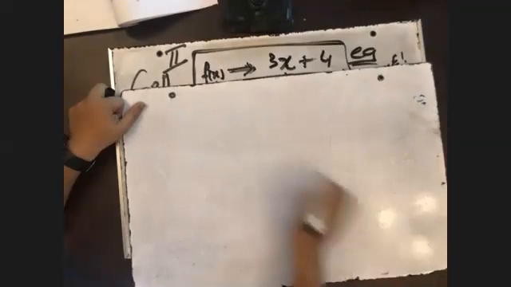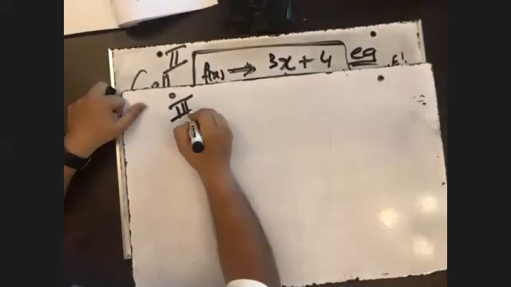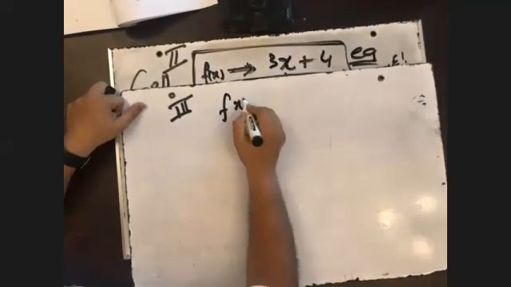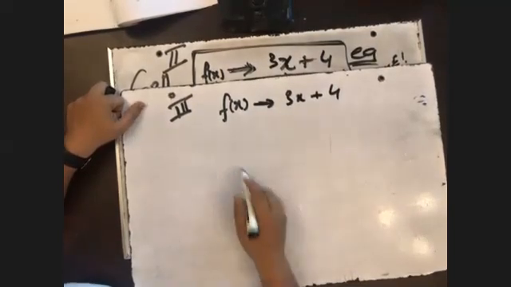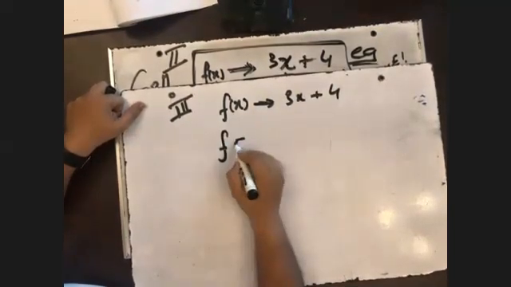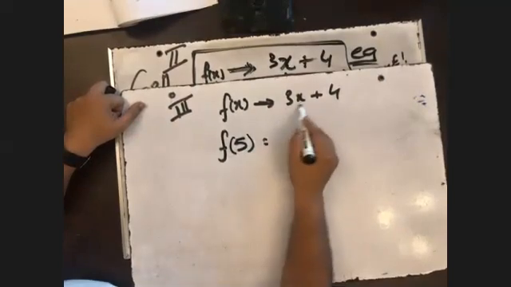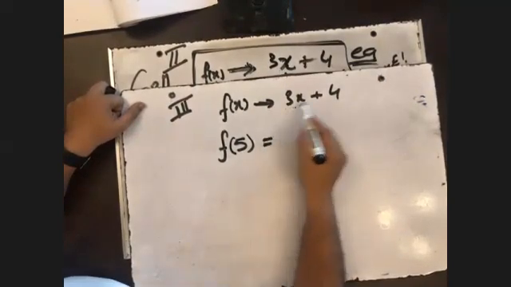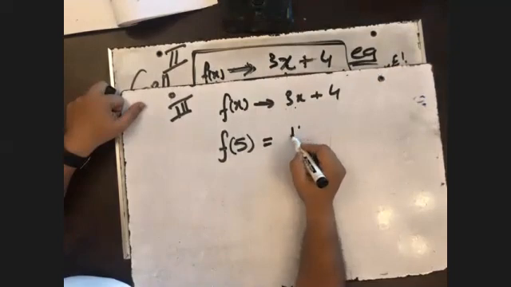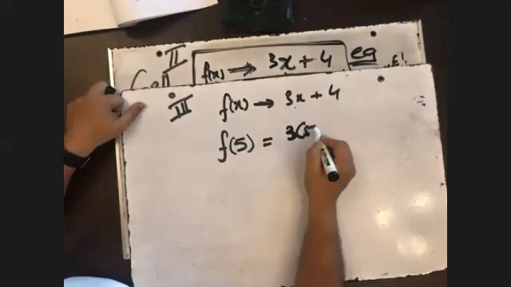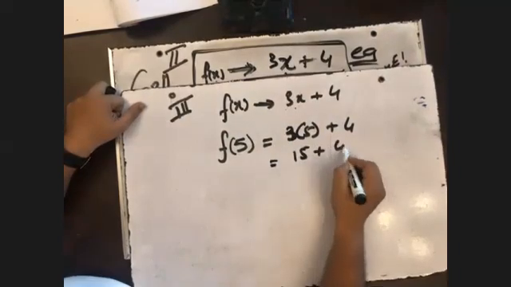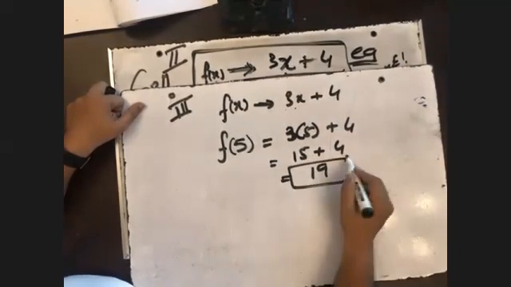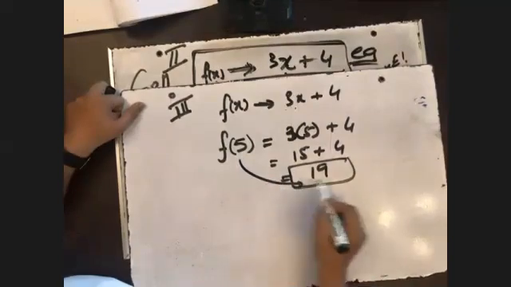Please put your pens down and concentrate here. Board number 3. f(x) is still given as 3x plus 4. Find the value of f(5). 3 times 5 is 15 plus 4 is 19 packets of sugar.